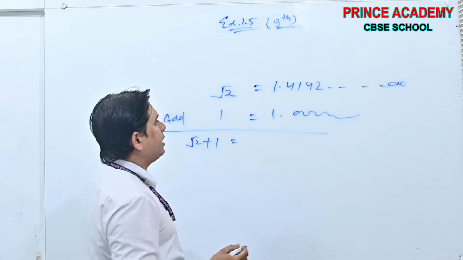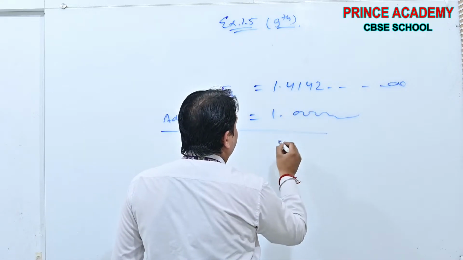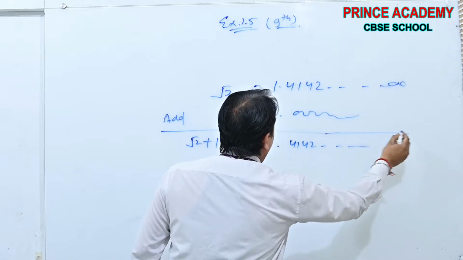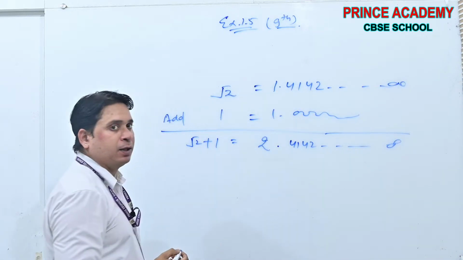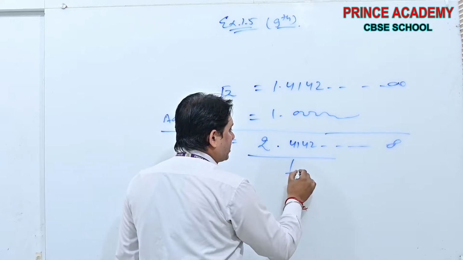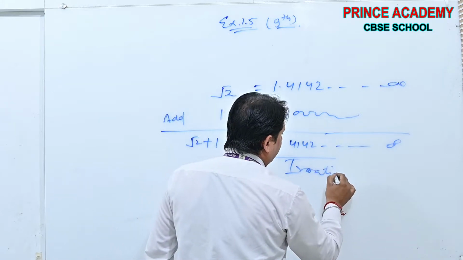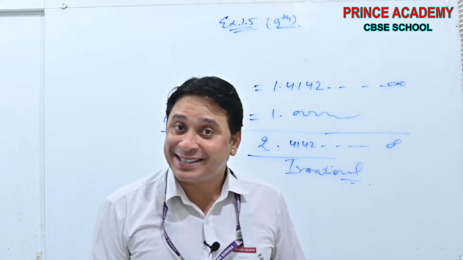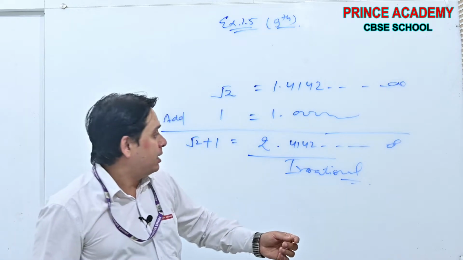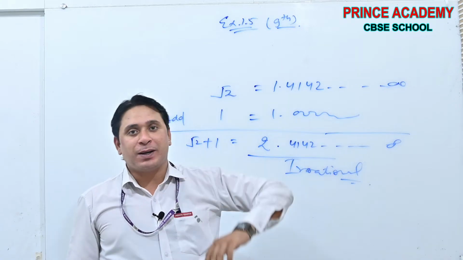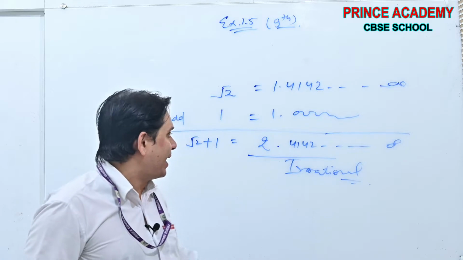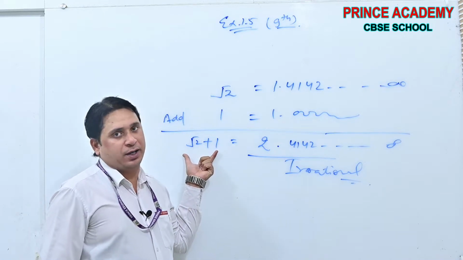After the decimal, it will be 4, 1, 4, 2 and so on up to infinite, and 1 plus 1 is 2. Is this also irrational, yes or no? Tell me, students, make some noise. It's an irrational number. Why? After decimal, the expansion is non-repeating, non-terminating. That's why this is also irrational.